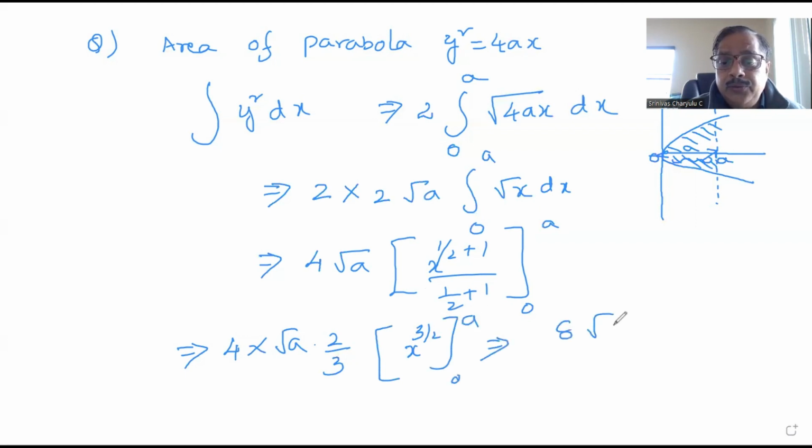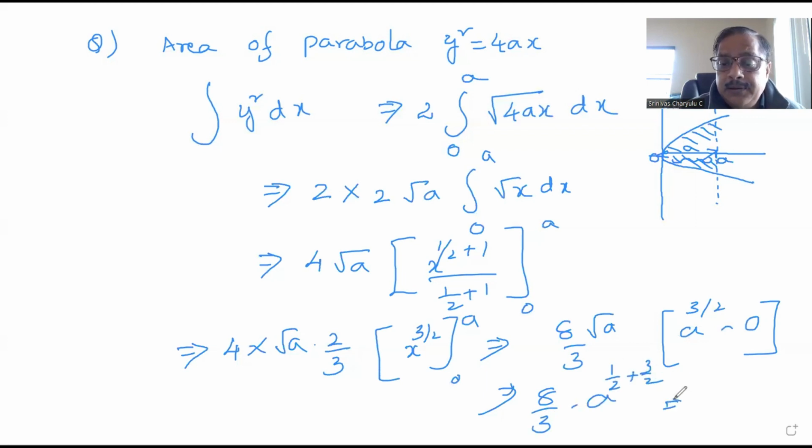So 8 root a by 3, open the bracket, a to the power of 3 by 2 minus 0. Here we have a to the power of half plus 3 by 2, that is 4 by 2. So a square. So you got 8 by 3 a square as the area of the parabola after multiplying with 2.